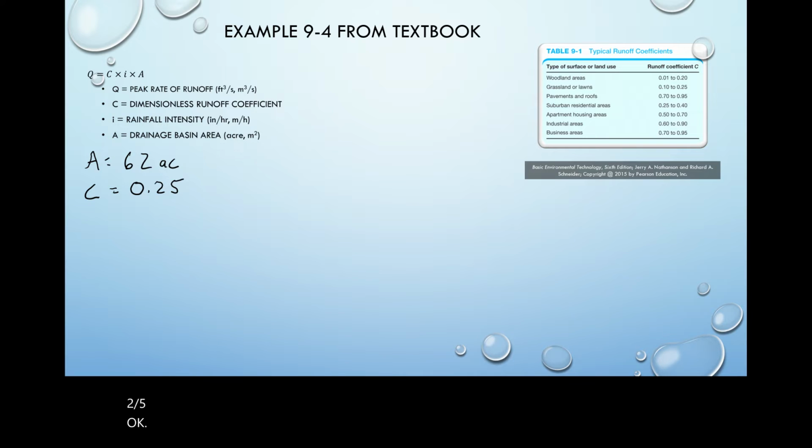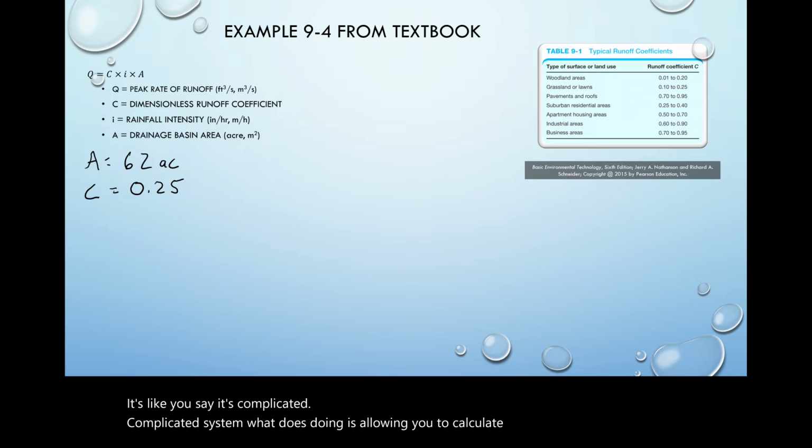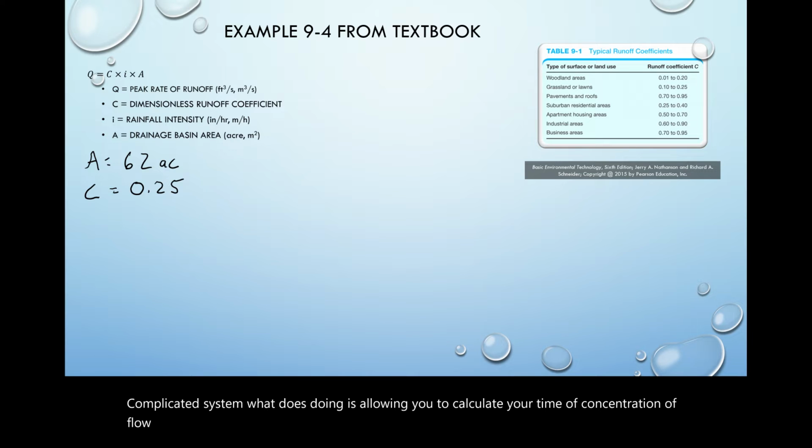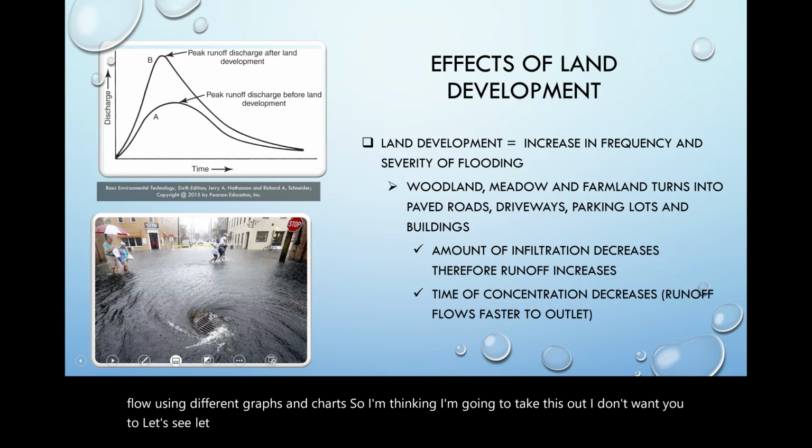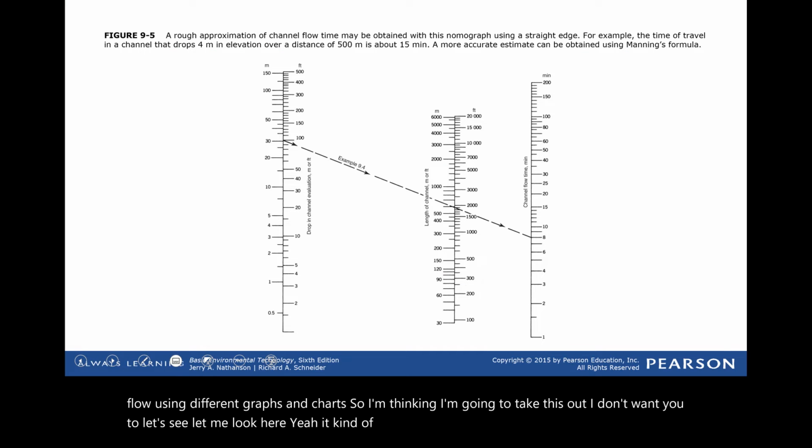Let's see here. Actually, I'm not really going to have you do this. It's like I said, it's a complicated system. What this is doing is allowing you to calculate your time of concentration of flow using different graphs and charts. So I'm thinking I'm going to take this out. It kind of goes through using all these different charts and stuff.